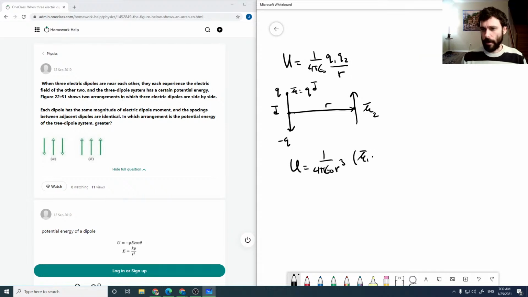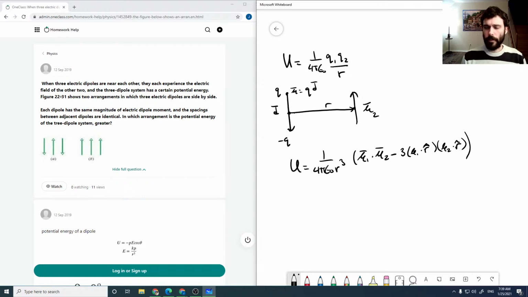And it's just mu1 dot mu2, and then some other factors that account for some other terms.